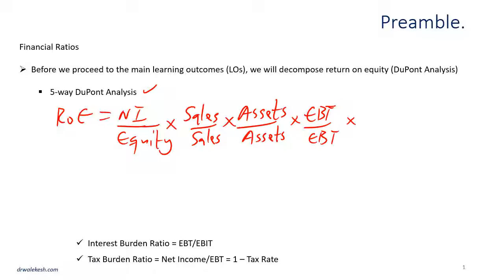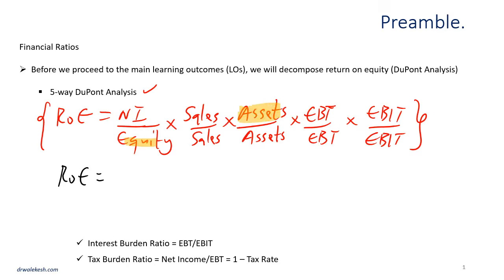If I multiply by EBIT over EBIT, that is 1. So let us rearrange what we have here. Return on equity will be equal to what? If I decide to pick this and this, that would be asset over equity. Asset over equity is what we call financial leverage.